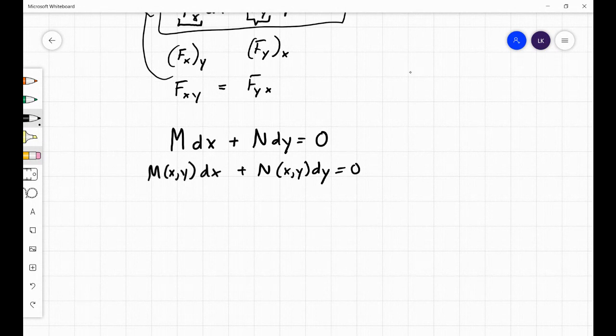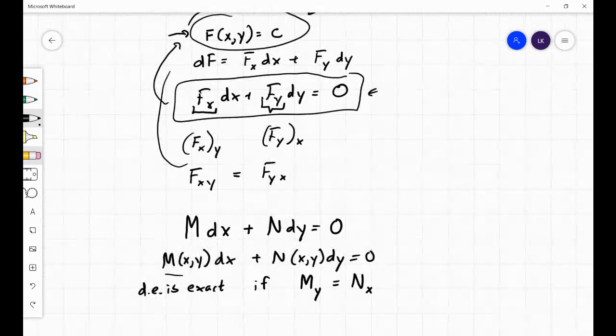Then we say that this differential equation is exact if the partial derivative of m with respect to y is the same as the partial derivative of n with respect to x. Okay, and if that happens, then we have a chance of solving our differential equation by anti-differentiating.